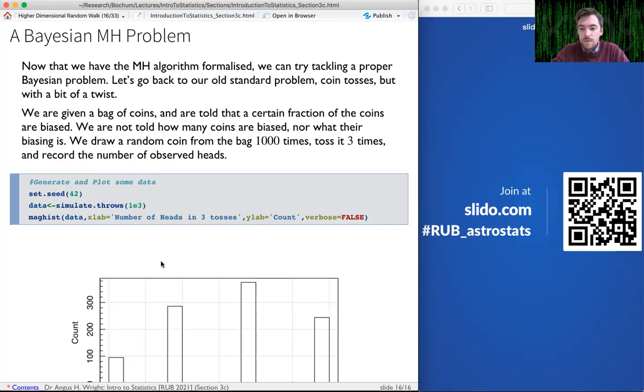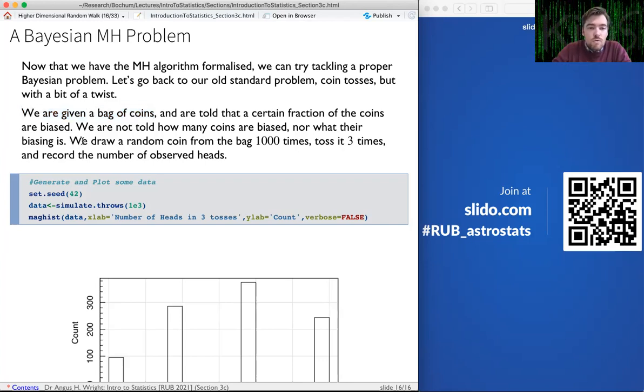The situation is this. We are given a bag of coins, and we're told that a certain number of coins in that bag are biased. We are not told how many coins are biased, nor are we told what their biasing is. We're just given the bag and told there are some biased coins in there, and they're biased by a certain amount.